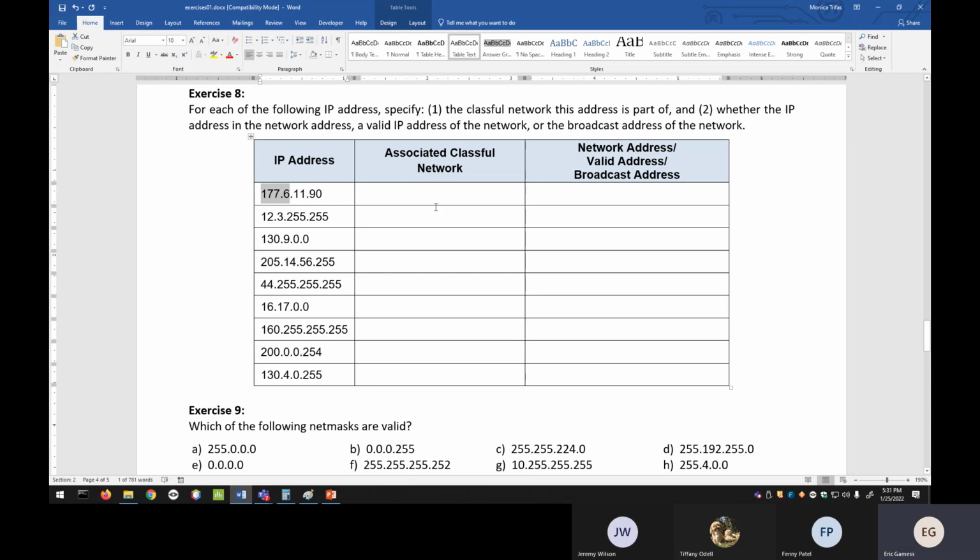So we already said that this is class B. So if I ask you, this IP address belongs to which network? What will be your answer? So I'm asking, what is the network address associated? This IP address belongs to a network. What is the network?